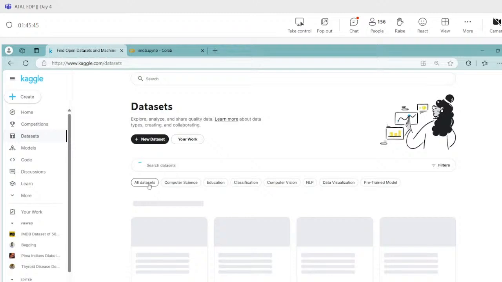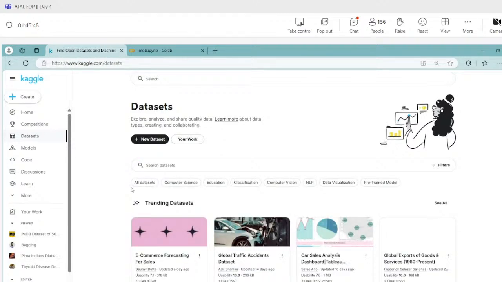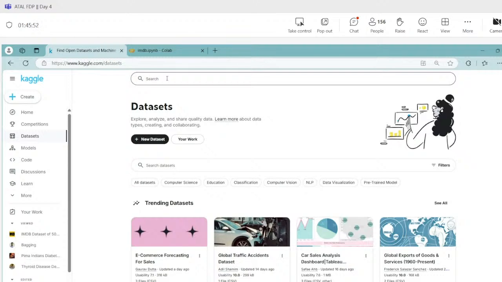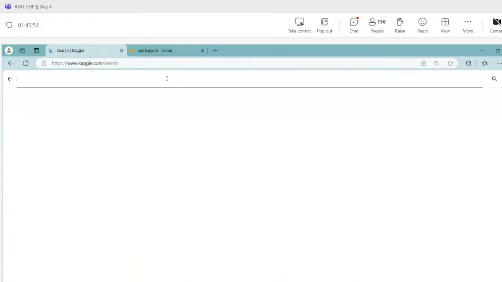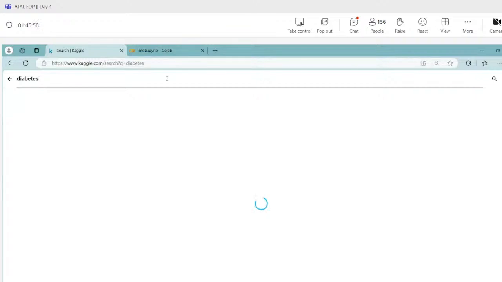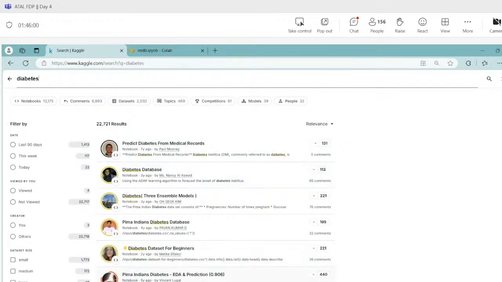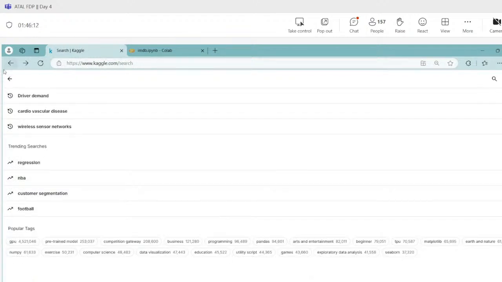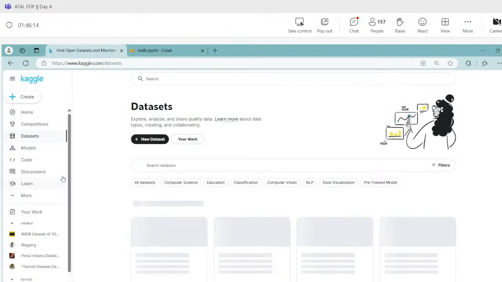If I go ahead, I can see any type of trending data sets, and if you give the category, for example, I'm going to type diabetes, it will display all the coding parts and anything currently at peak level. So most of my search will be related to diabetes and heart disease prediction.